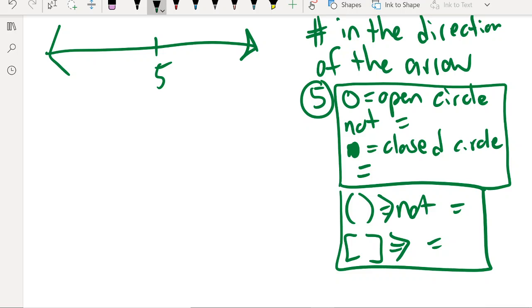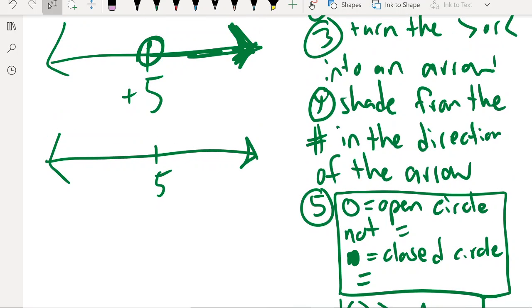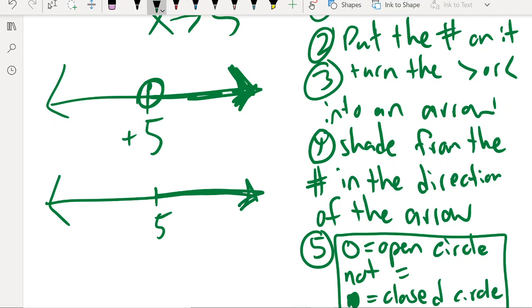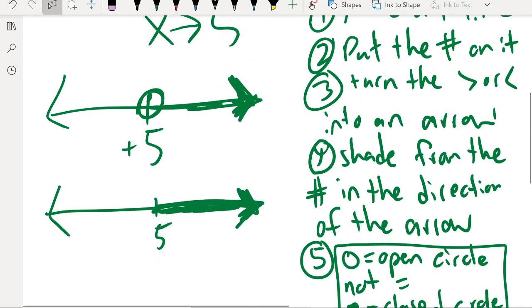It's actually a little simpler to use parentheses and brackets because it translates nicely into interval notation, which I'm going to talk about in a second. So I still shade to the right. It doesn't include the 5, so I put a parenthesis on the 5. Open circle and parenthesis are the same thing. I put the parenthesis in the direction of the shading. I'm not going to write that as a step, that's just kind of a thing.